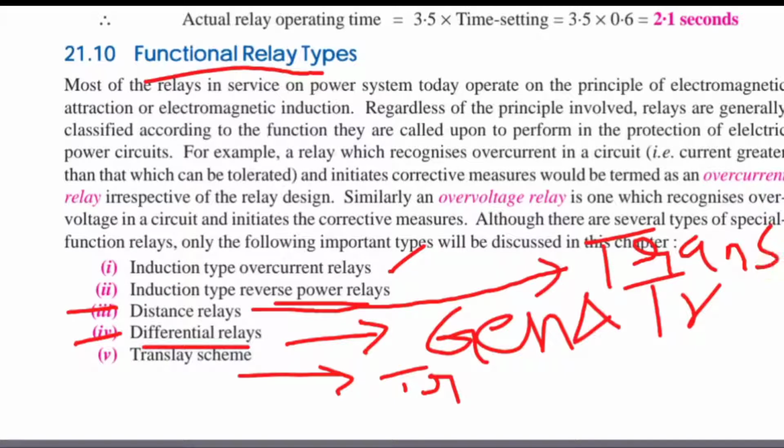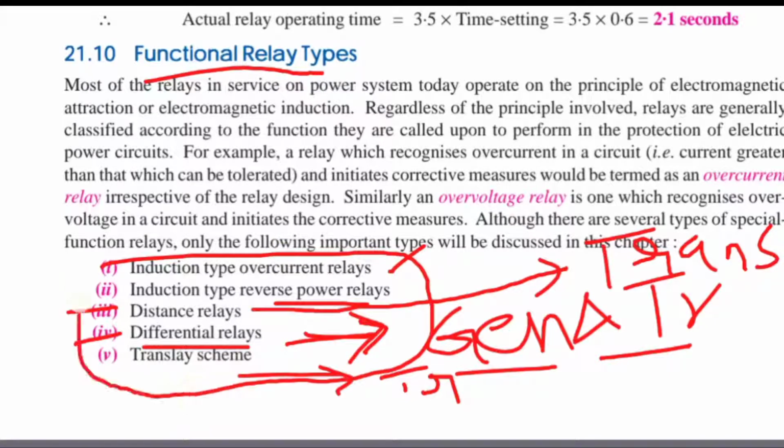Differential relays are used to protect generators and transformers. In the second unit, generator and transformer protection; third unit, protection of transmission lines and feeders; fourth unit, circuit breakers. These applications will come in the entire chapter, hence you must understand this, listen carefully, take rough notes and write the important points.